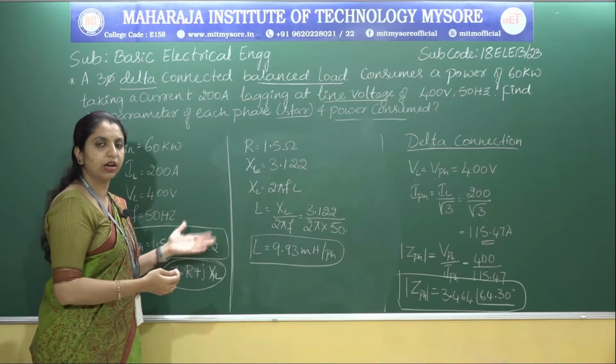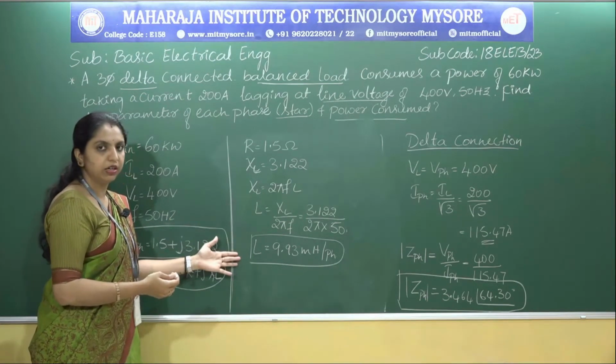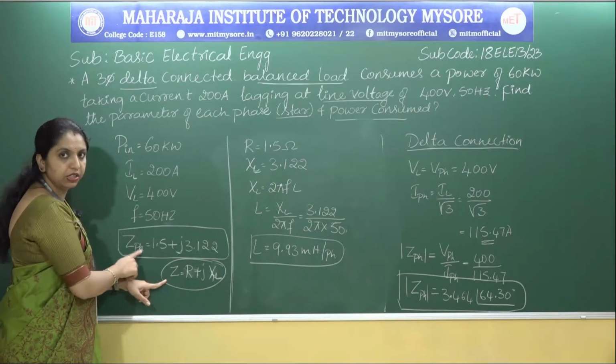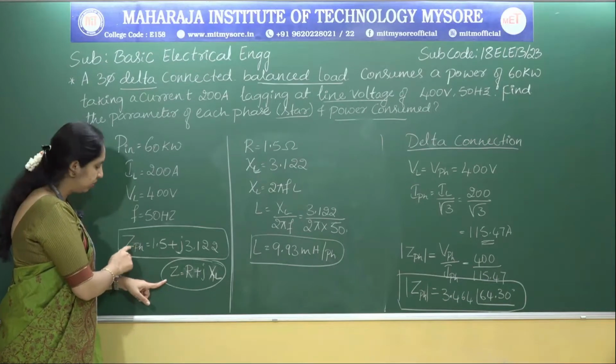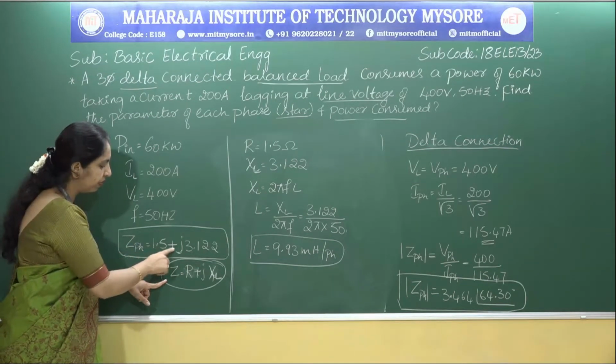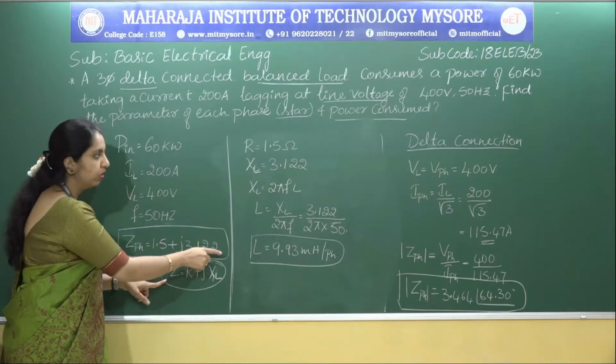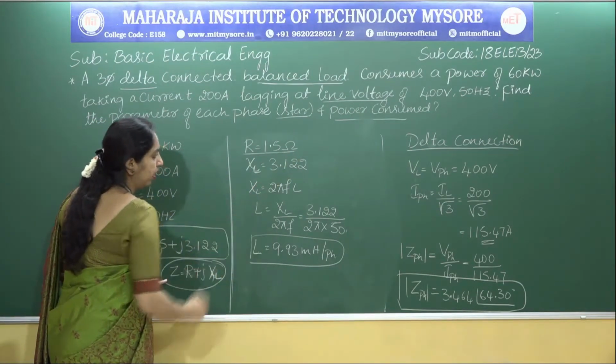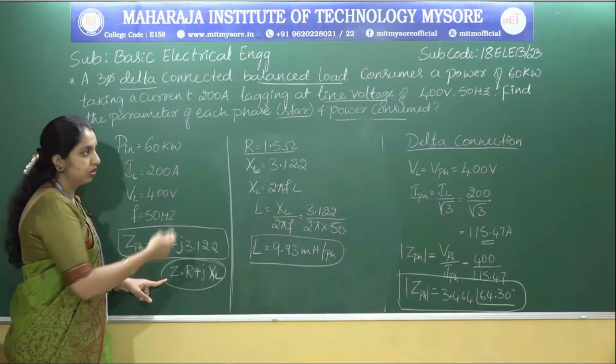All the loads have the same values, R and L. Remember, load is nothing but Z, ZPH, this is per phase. So ZPH is equal to 1.5 plus j into 3.122. We have just calculated the value of R and L, and later we will move on to the star connection.